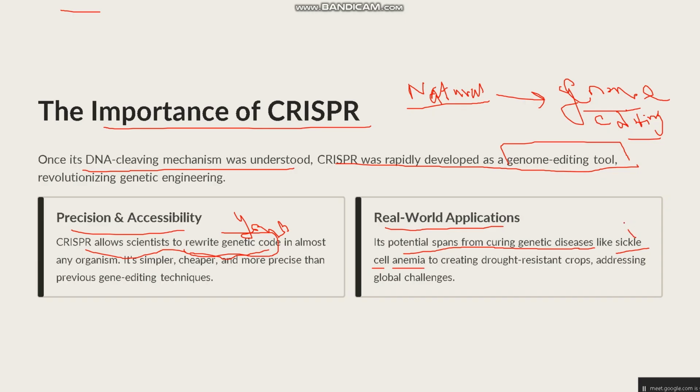Sickle cell anemia is a genetic disease, and it is not only a genetic disease but also a single gene disease in which one gene is affected, and due to that affected gene it causes sickle cell anemia.